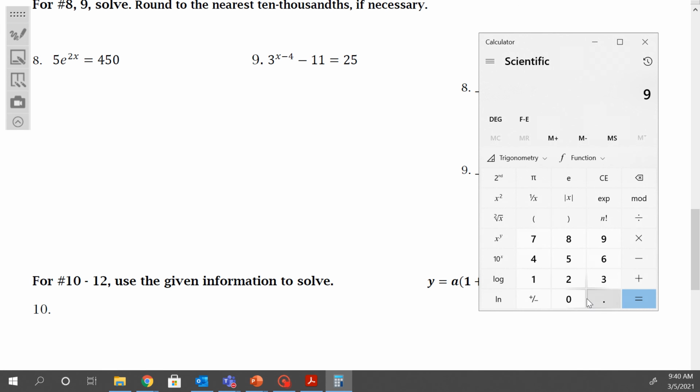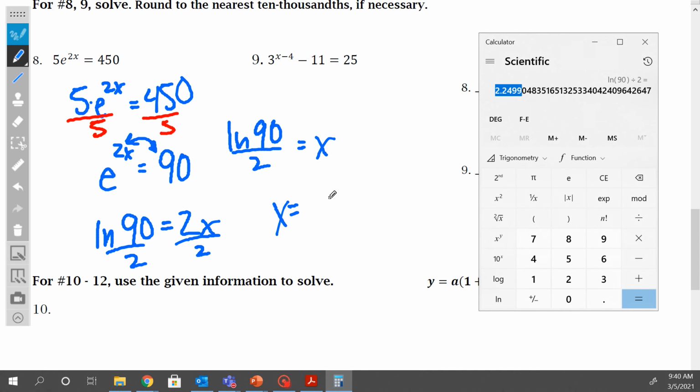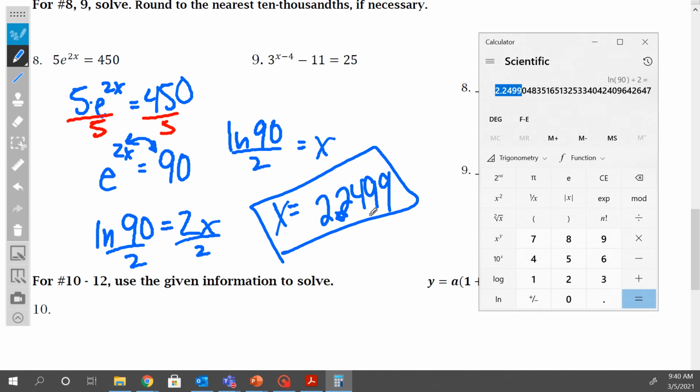So natural log of 90 divided by 2 equals, round it to 4 decimal places, 2.2499. And that's our solution for number 8.